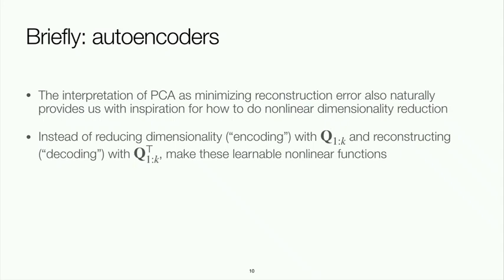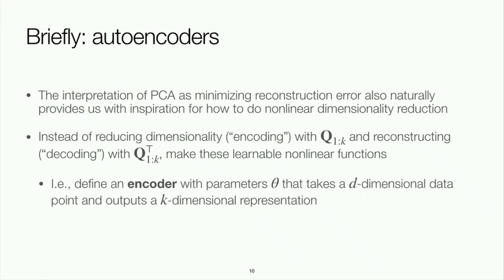We're going to define some nonlinear function instead of the linear Q that we have, and then use that as our function that goes from d dimensions down to k dimensions, our encoder, and then k dimensions back into d dimensions, our decoder. So let me say that one more time so that people can try to internalize that. We have an encoder.